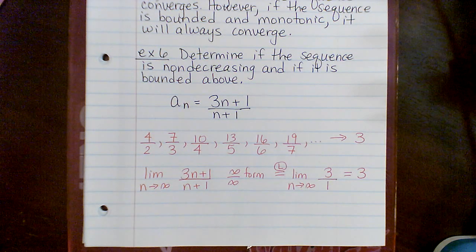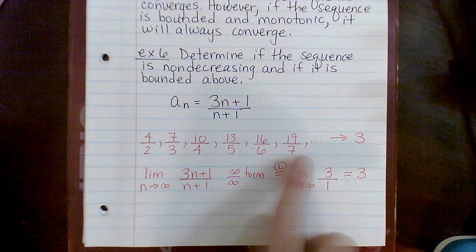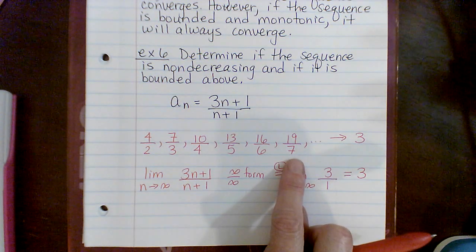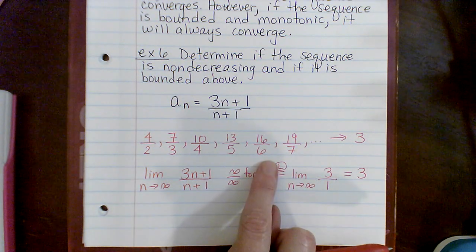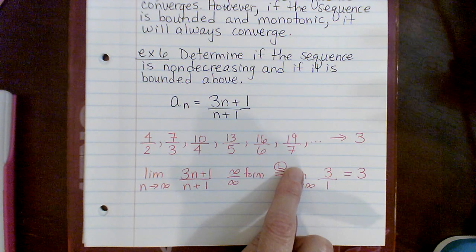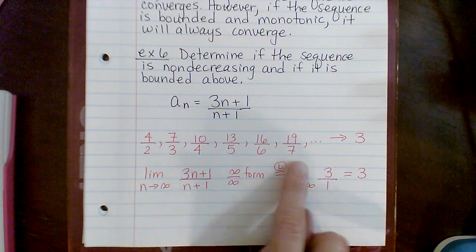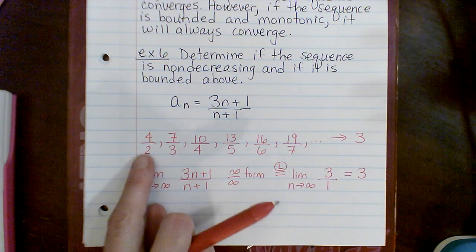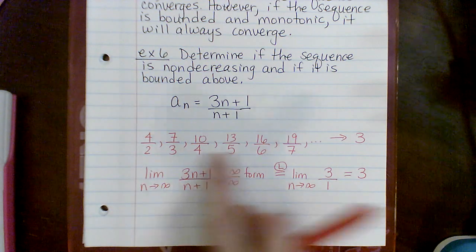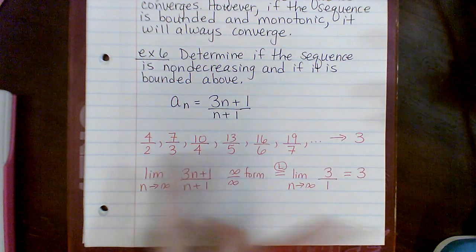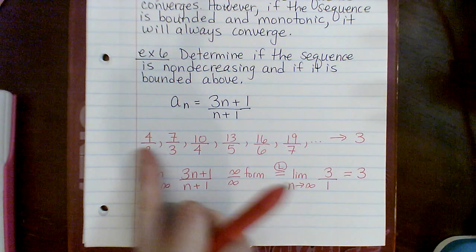If you can't just see that, that's okay. You can always change these to be decimals if it's easier for you to see what's happening here, that it's going from 2 to 3 here, and it appears that it's increasing the whole time.